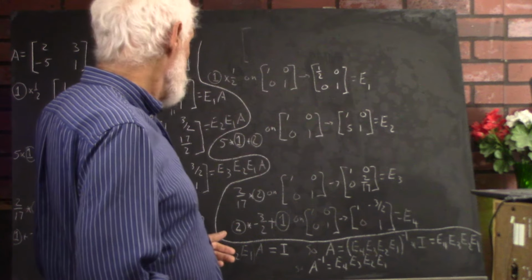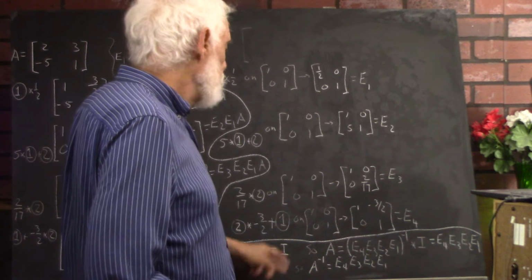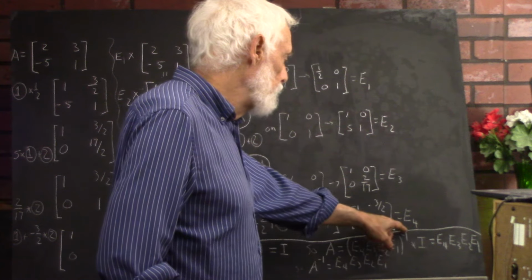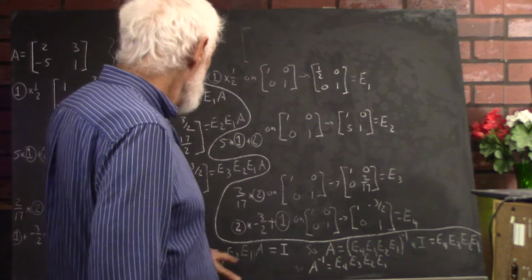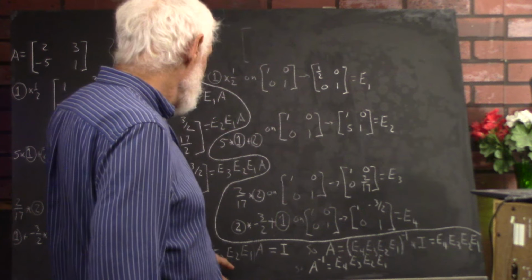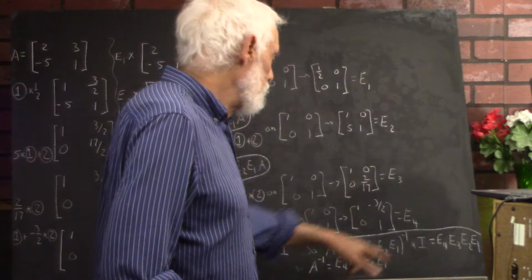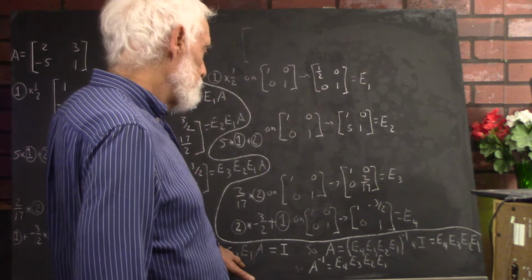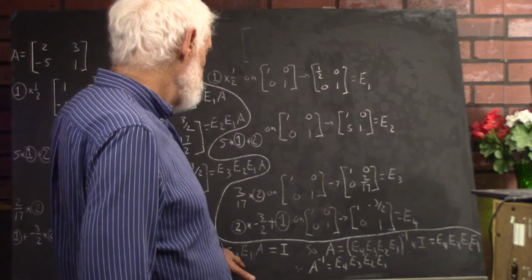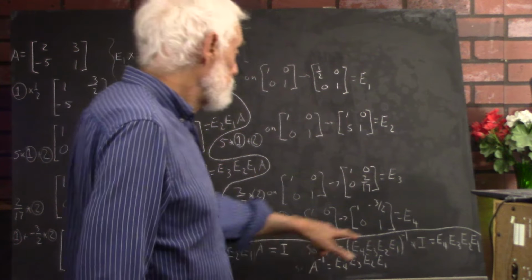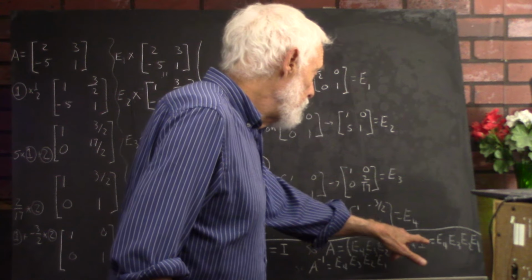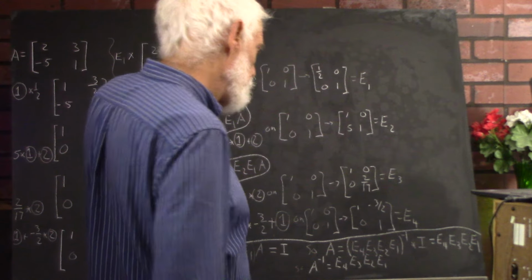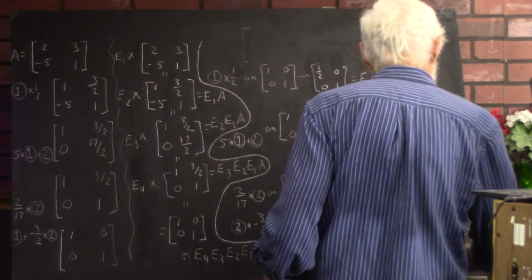So from this, we could also say that A equals (E4, E3, E2, E1) inverse times I. In other words, if we multiply on the left this sequence by the inverse of this sequence of matrices, we're going to get the matrix A. And of course, I wrote this down carelessly.